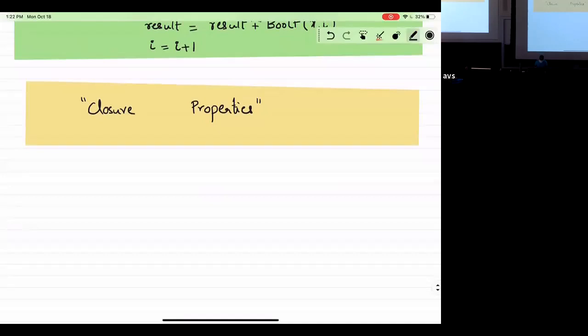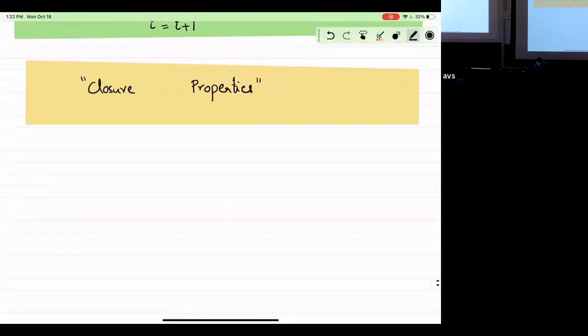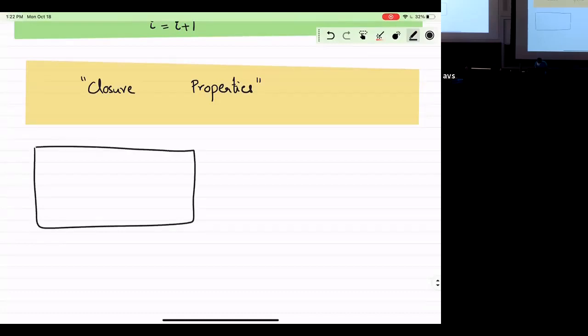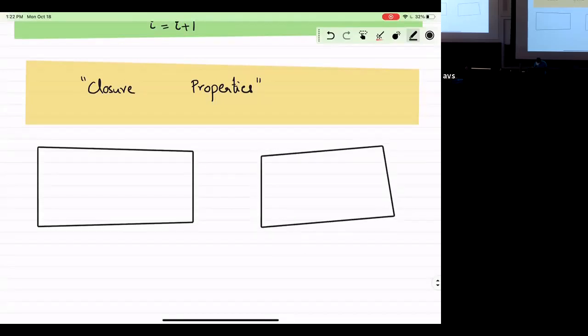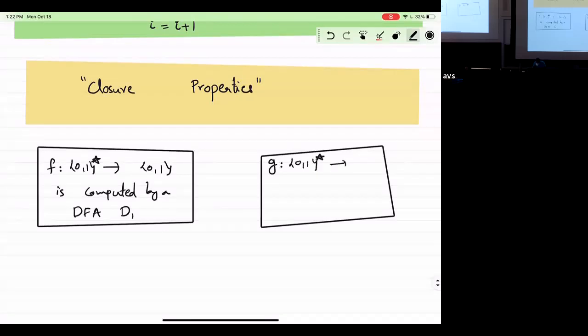Suppose someone gave me a function f computed by a DFA D1. Here's a DFA which computes some function. And I also tell you, here's a DFA which computes another function, g.